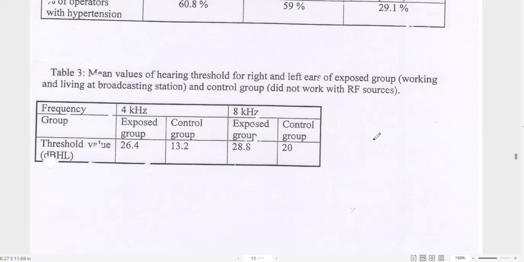Also the hearing loss. Mean values of hearing threshold for right and left ears of the exposed group working and living at the broadcasting station and the control group who did not work with radio frequency sources. People exposed to radio frequency sources at broadcasting stations have a threshold value of 26.4 dB, whereas the control group at 4 kHz is only 13.2. A higher threshold means that the person will need a louder voice to hear.